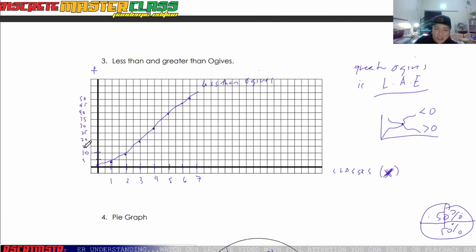Okay, less than ogives, nagamit ko na yan. Tandaan nyo, ang ginamit ko to do my less than ogive is CF less than. Now, ibig sabihin, kung greater than ogives tayo, gagamitin mo yung CF greater than.